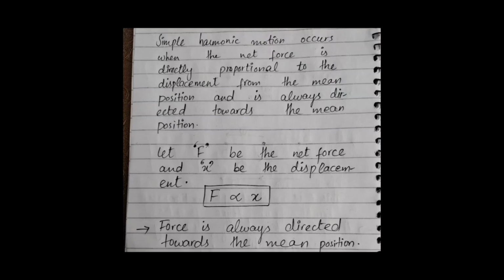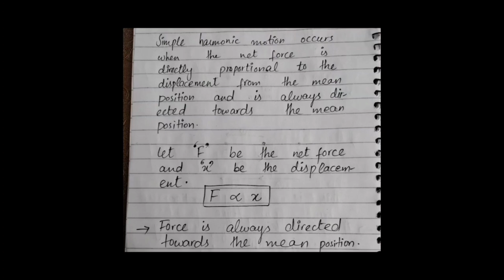According to this definition, another important point is that force is a vector quantity which has magnitude and direction, and here we also use a vector quantity, which is displacement. We do not use distance because distance is a scalar quantity which has no direction. If we use force, which has direction, we use displacement, which also has direction.